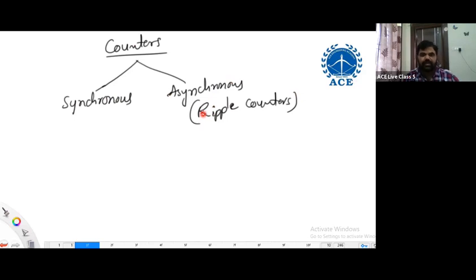If all the flip-flops are sensing their inputs at a common point of time, they are synchronized. If not, the flip-flops are not responding at a common point of time, so it is called asynchronous. Now let us start with the synchronous counter.